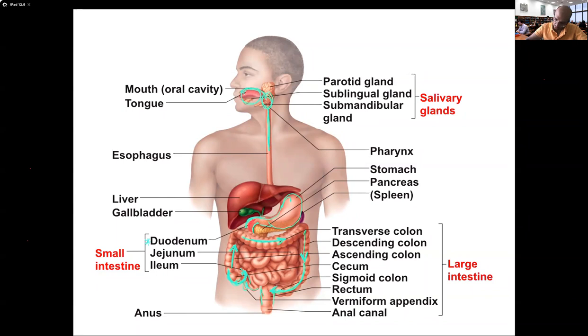A straight part on here of the large intestine, this is the rectum, that will conduct the stools towards the anal canal and then its opening, which is the anus. Again, associated glands that we have. First, we've got the salivary glands. This includes the parotid gland, sublingual, and submandibular glands. We've got the largest gland of the body here. This is going to be my liver. And we've got the pancreas.